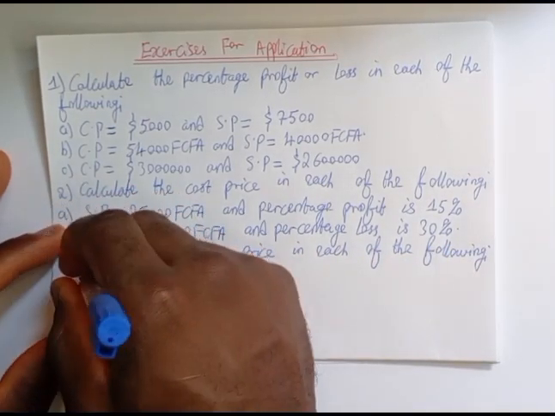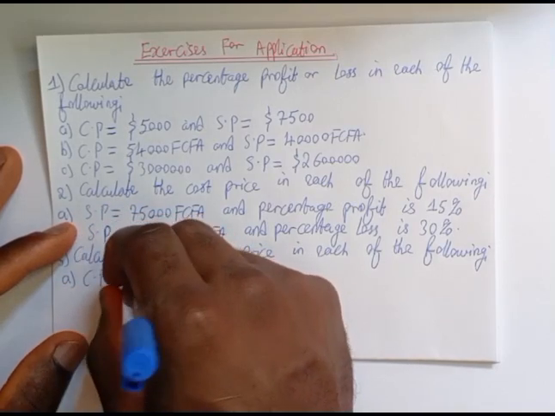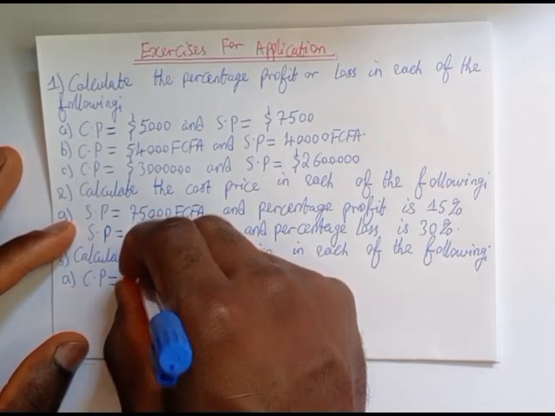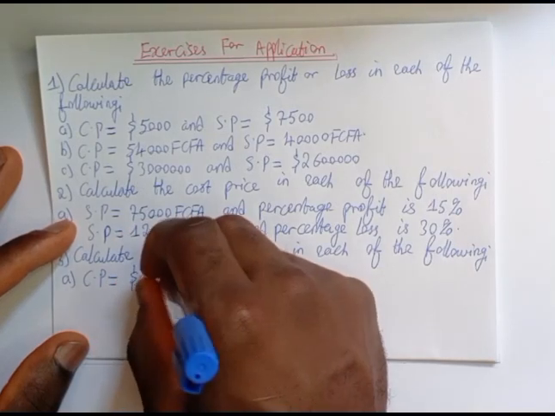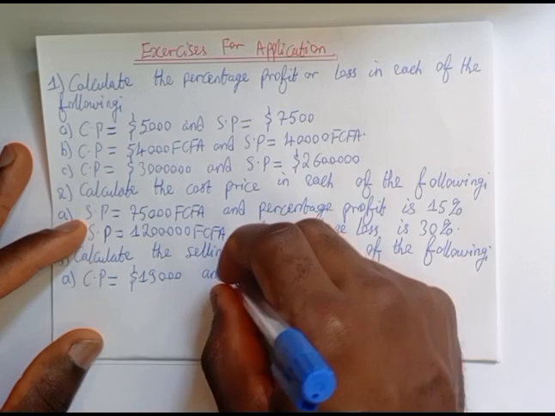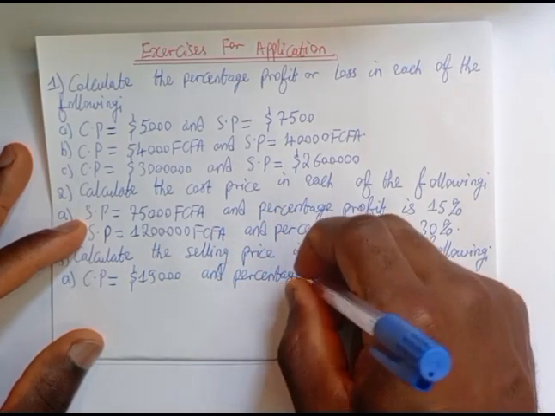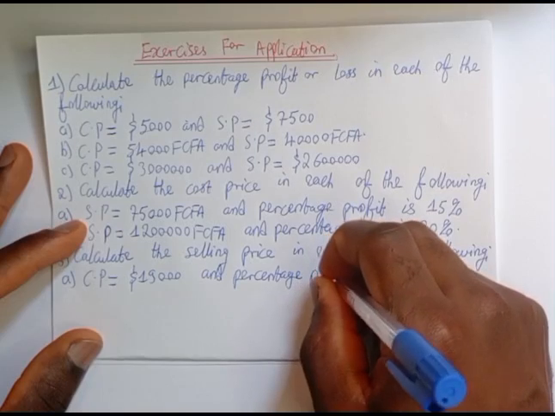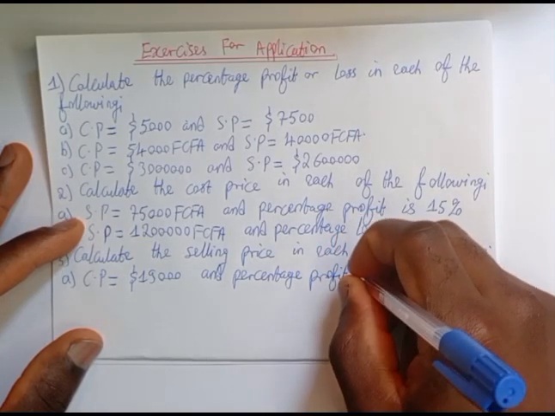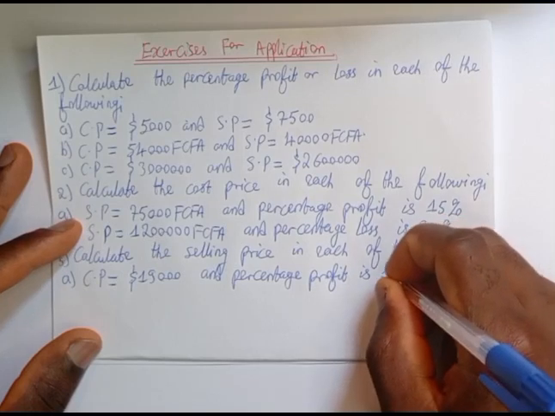For A, we have a cost price of $19,000 and percentage profit is 10%.